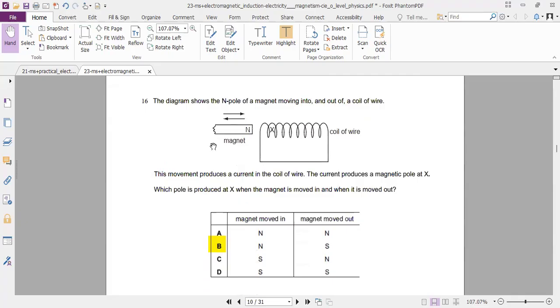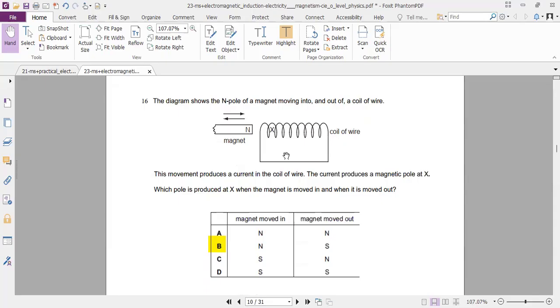Bar magnet is moved in and out. What is at X when it is going in, and when it is out? When the magnet is going in, there will be an N pole at X because the coil is opposing the magnet that is producing the EMF.